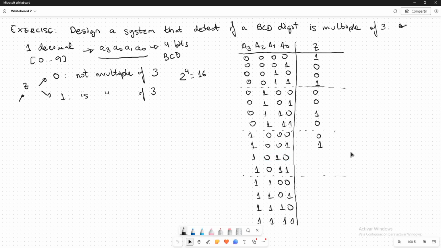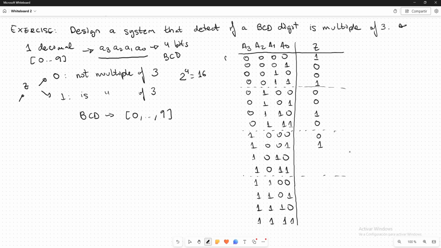We may follow, for example, is 10 a multiple of 3? No. But this is a mistake. Why don't I have to follow with the rest of the combinations? Because of the following reason. We have a BCD digit, so I know that it's going to be a value from 0 to 9.